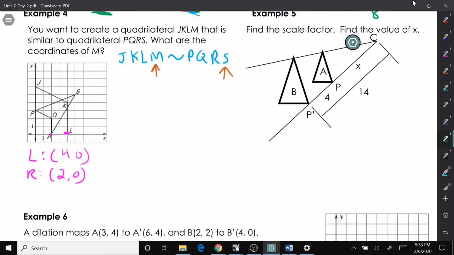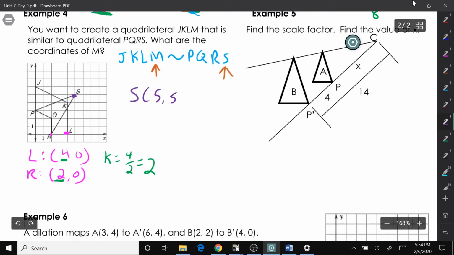So 4 comes from the image, and 2 comes from the pre-image, so k would equal 4 divided by 2, which is 2. So that is our scale factor. Now we will multiply the coordinates of S by 2. The coordinates of S are 5, comma 5, which makes M 10, comma 10.